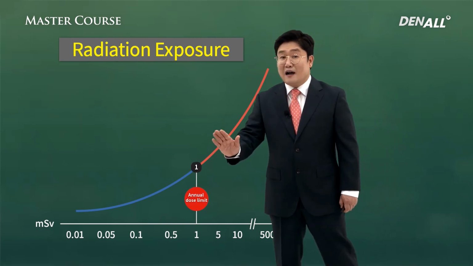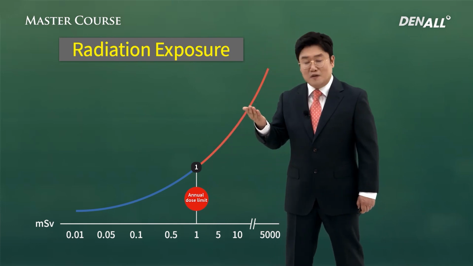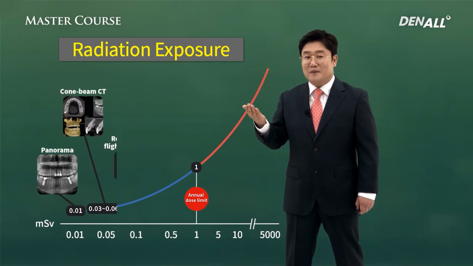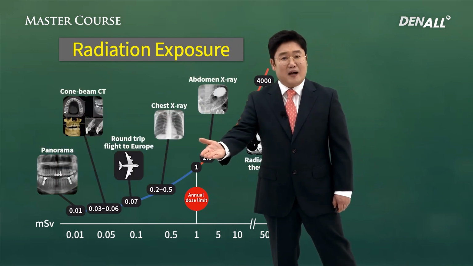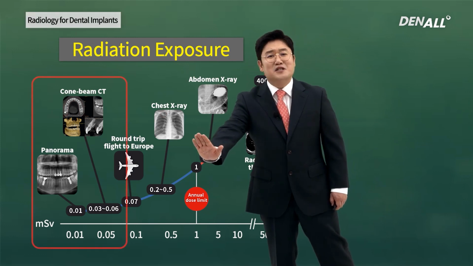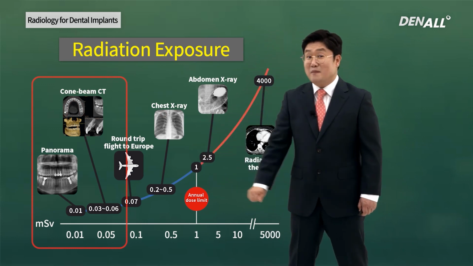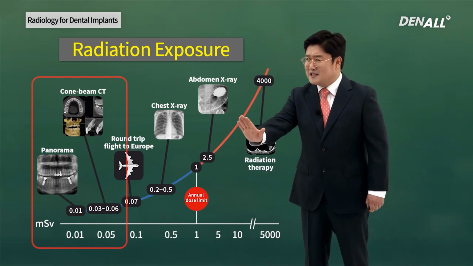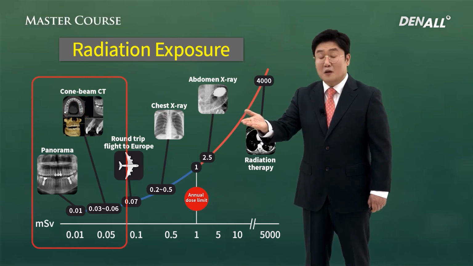If it is lower than that, it is considered safe, and if it is over that, it is considered a little bit risky. You can see this. Panorama, CT has a very low level of exposure. Standard periapical would be much lower than this, so it doesn't appear even on this diagram.